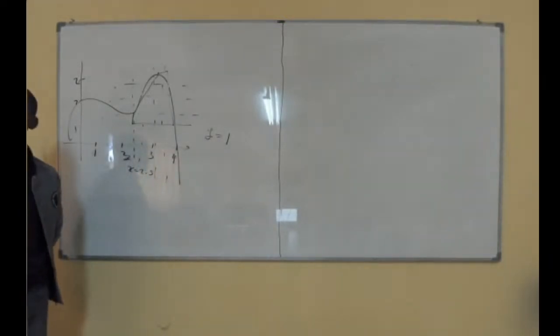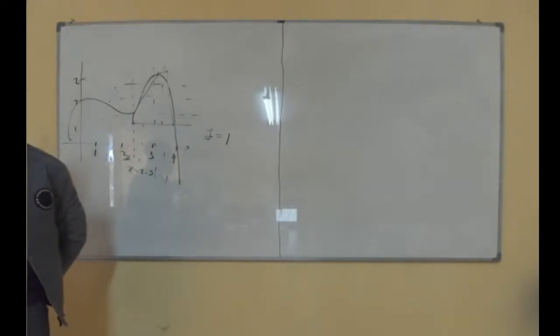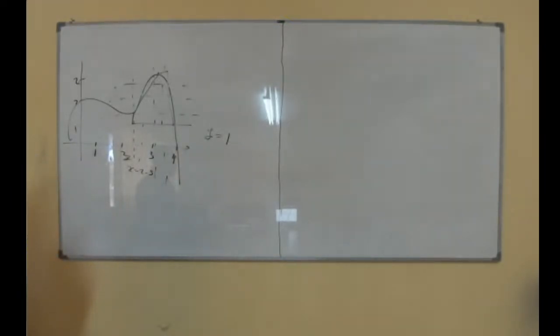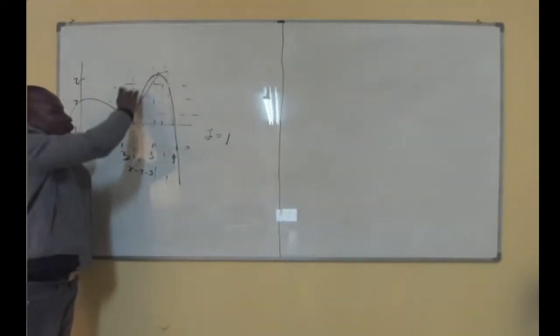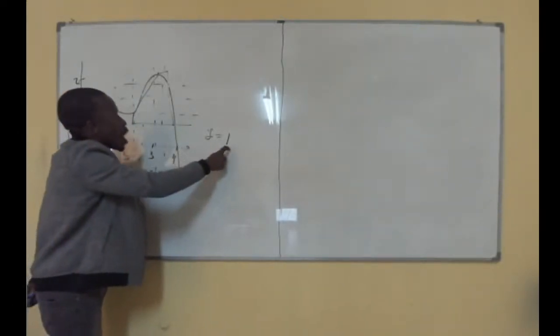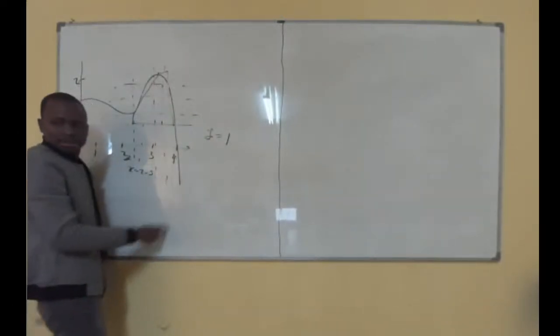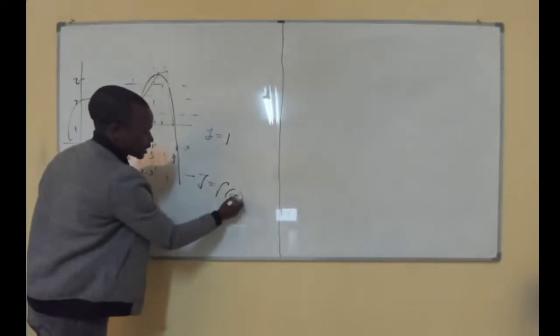approximately equal to. Now, this time around, using calculus will help us to calculate the exact value, the exact area of this region bounded by the line x equal to 2.5, y equal to 1, and the curve. So this curve is just y equal to f of x.